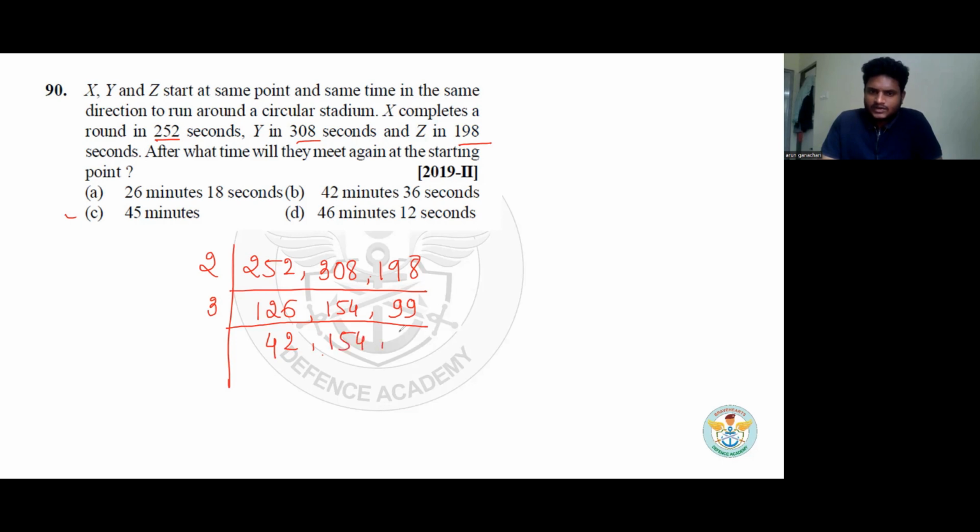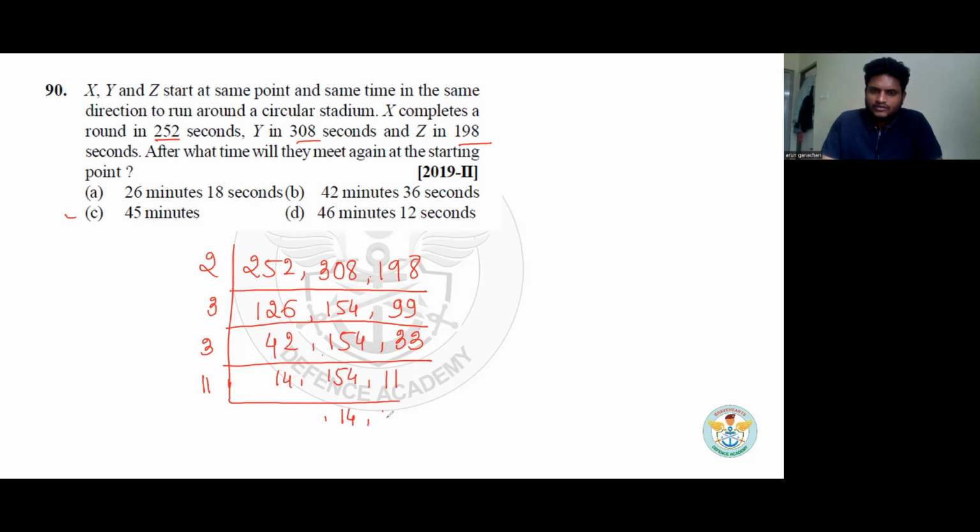But I can divide 99 by 3, so it will be 33. Can divide by one more 3. So 154 I'll keep as it is, but it will be 11. Now I'll divide it by 11. 14 I cannot divide by 11, but 154 I can divide. 11 ones are 11. 4 remains, it will be 44.